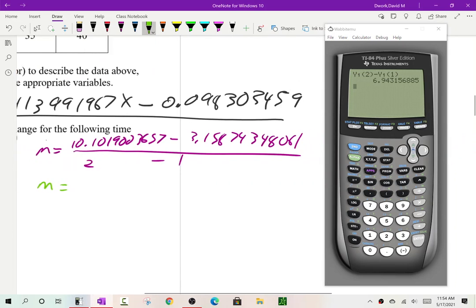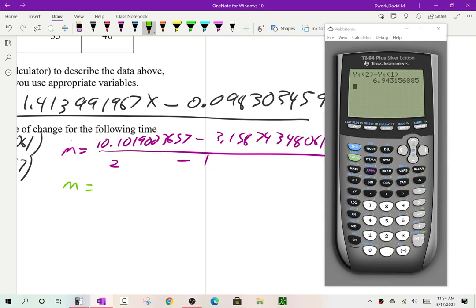So now when I hit enter, I get that my numerator is 6.943156885 divided by, and the denominator, I could have the calculator do it for me, but I think I got this one. 2 minus 1, that is 1. So therefore, the slope is that.